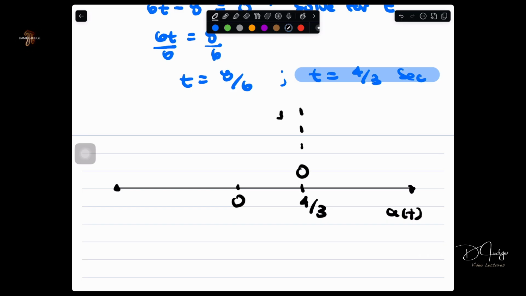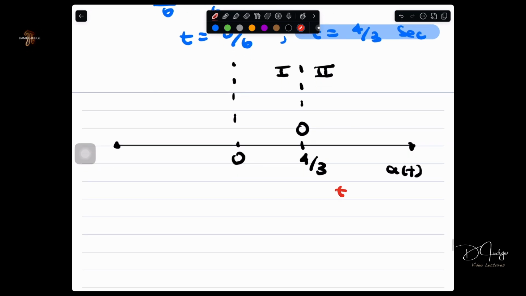So really we have two regions to consider, because remember your time again is greater than or equal to 0, which means we throw out this portion of sign analysis. We didn't even consider it, but that's what we're going to do with this.